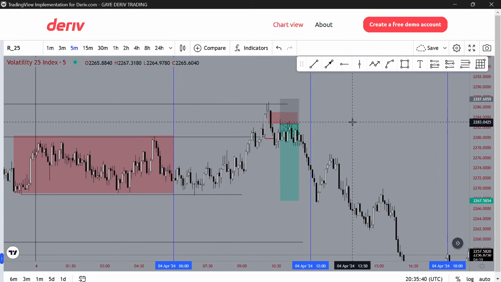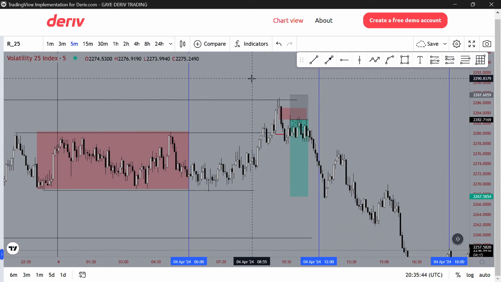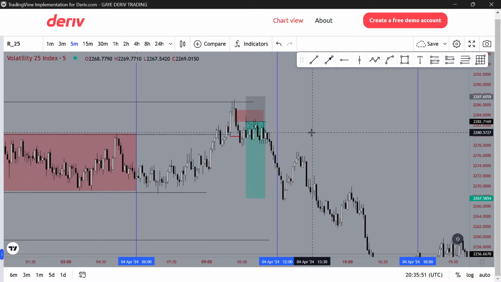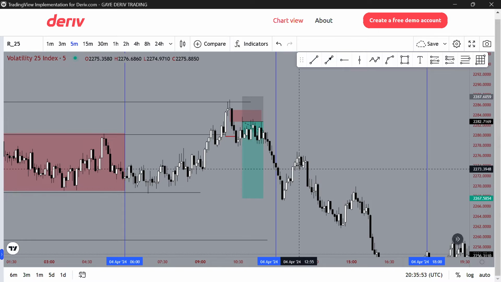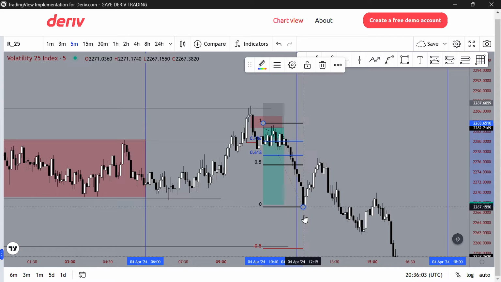We accumulated right here, manipulated in Q2, and had a market structure shift. The manipulation phase gives us an entry, and then in the distribution phase, we have a nice pullback to 50% of the range, where is the Fibonacci, to 50% of this range.